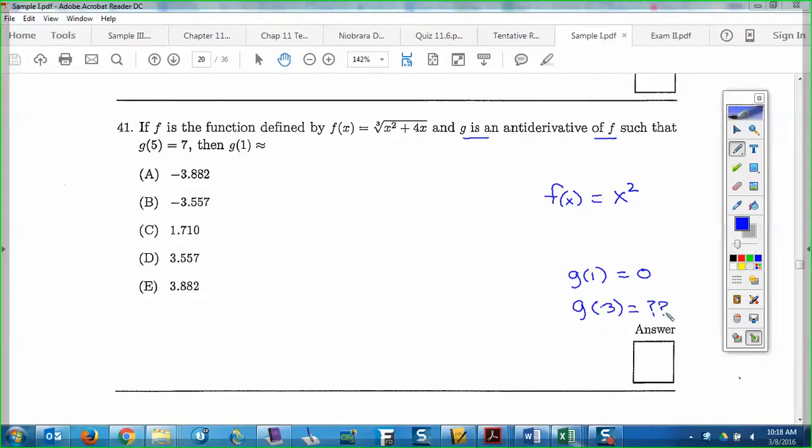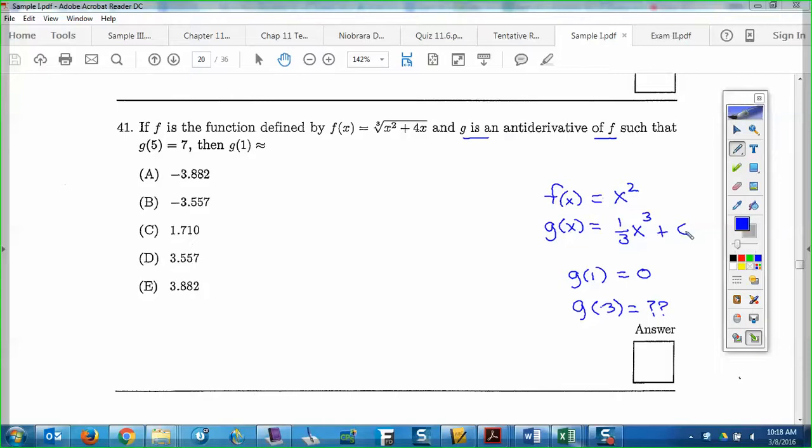So what would you do? Find the antiderivative, right? You would find the antiderivative, which would be 1/3 x cubed plus c, right? That is solving a differential equation, isn't it? This will be a good lead-in for next week, right?